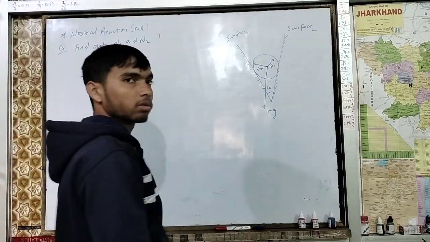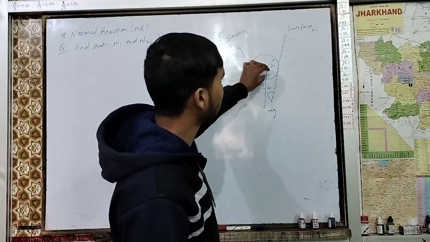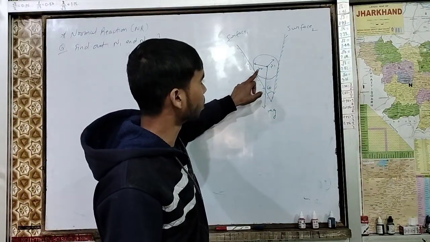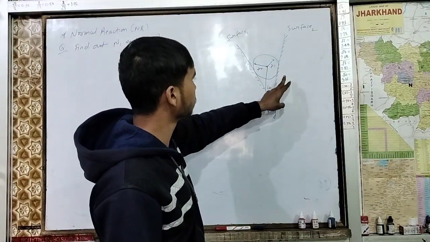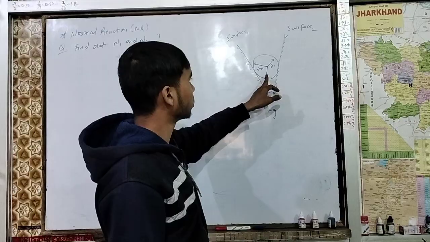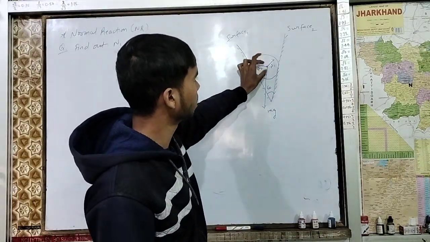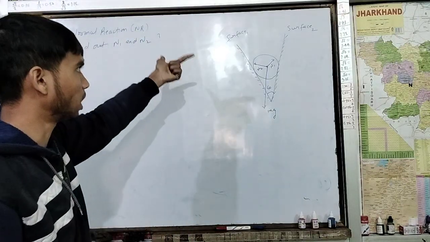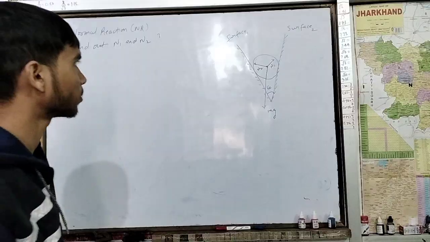You know how we brought N1 and N2? From this contact: the wall is pushing this object, this surface is pushing this circle. That is how we brought N1 and N2. mg will always be downward.